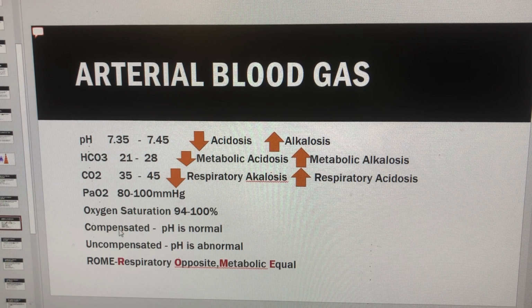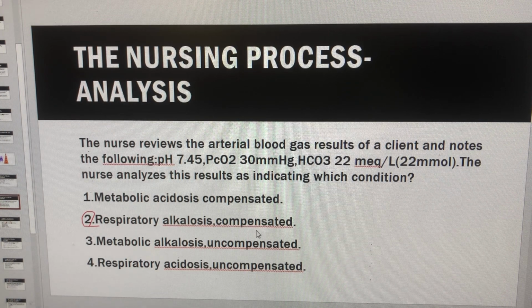That is why compensated respiratory alkalosis. So we will talk about arterial blood gases in detail in future videos. It's beyond the scope of this video to discuss ABGs because we are talking about test-taking strategies.